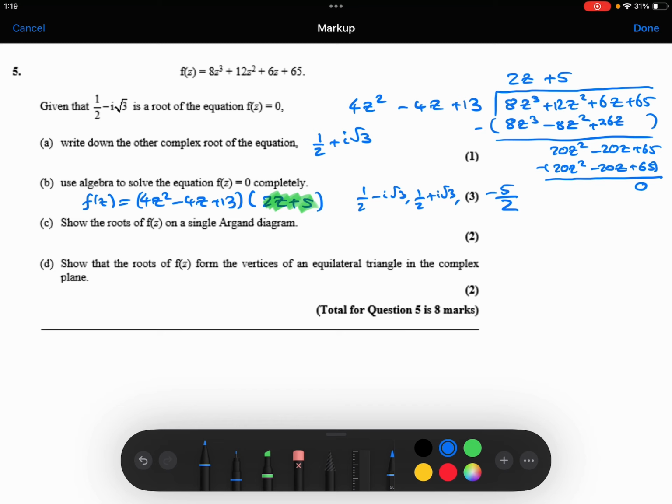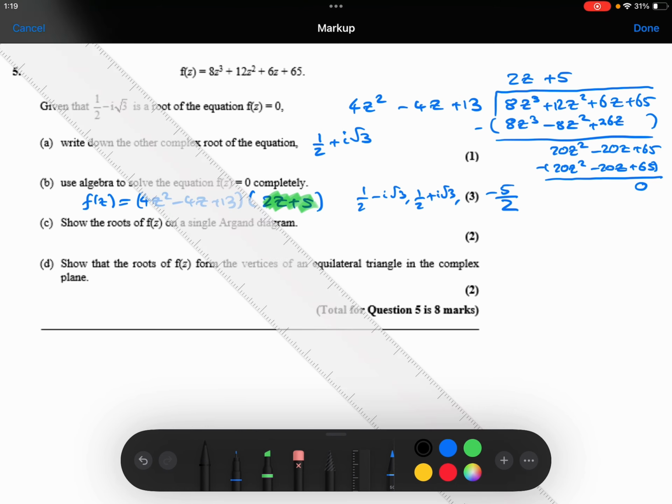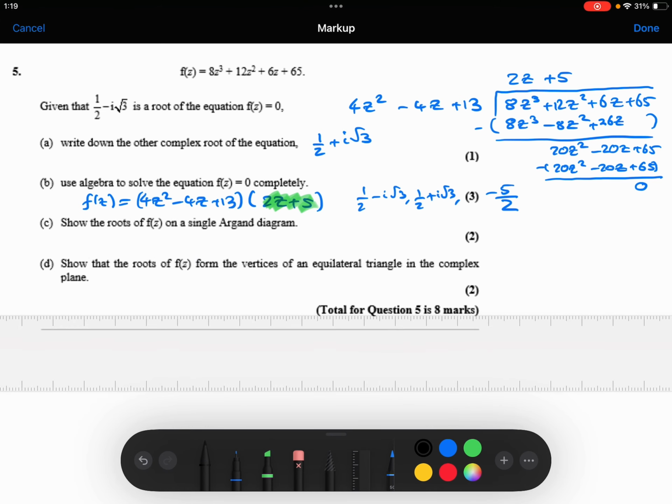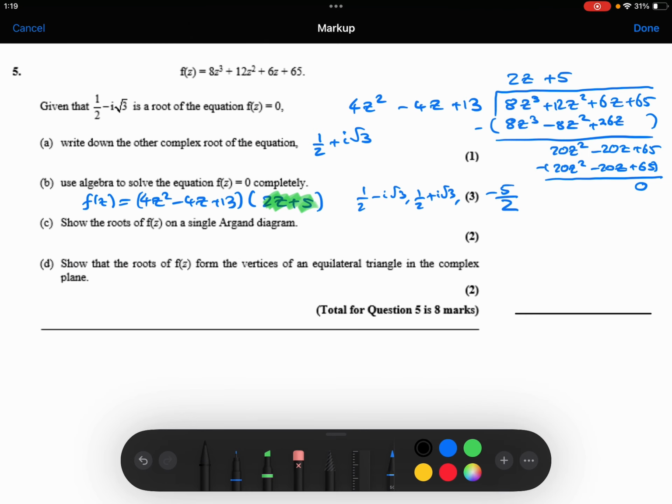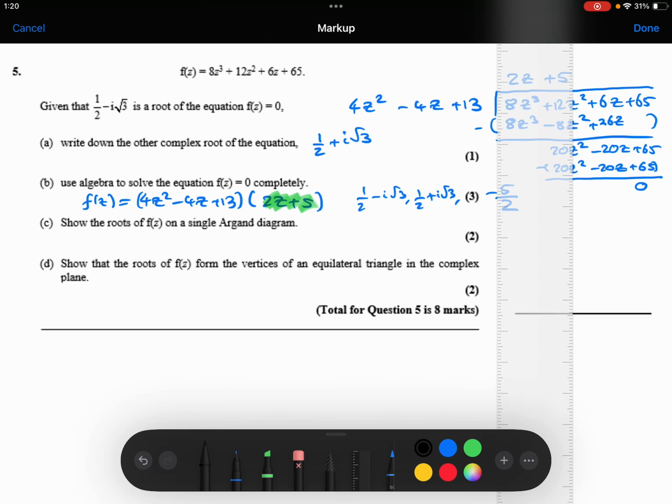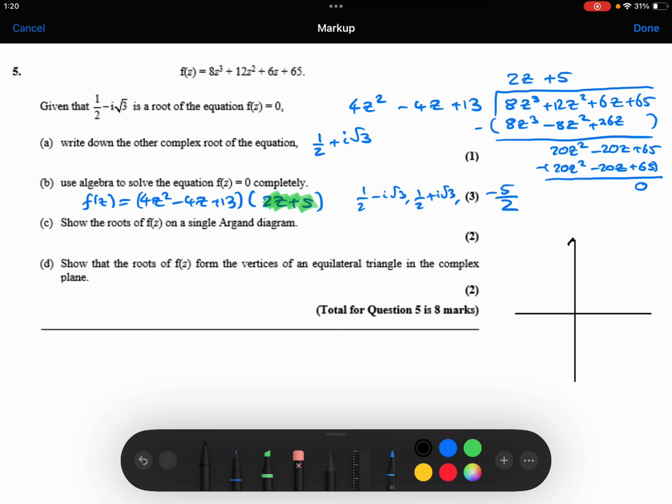Part C says that we need to draw those on an Argand diagram. So let's do that. There's my real axis. Here's my imaginary axis. So the first root, the 1/2 minus I root 3.